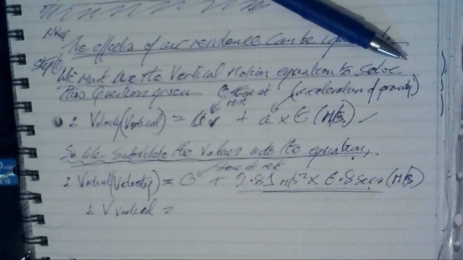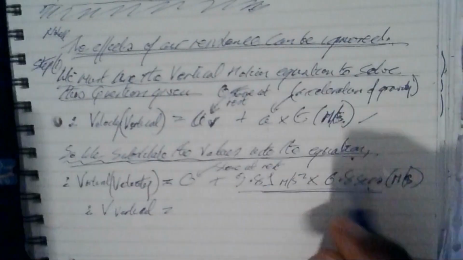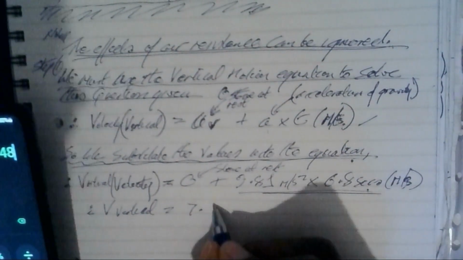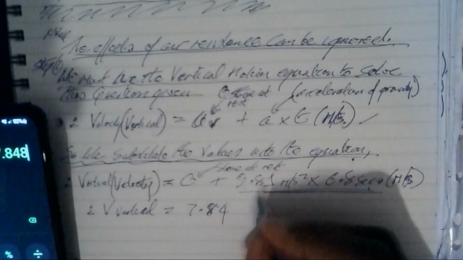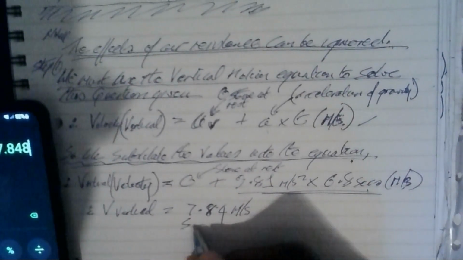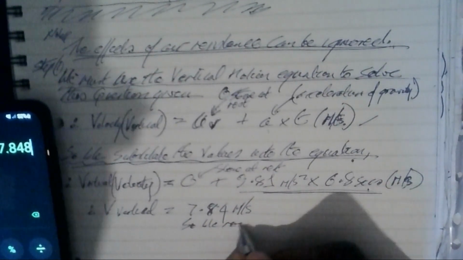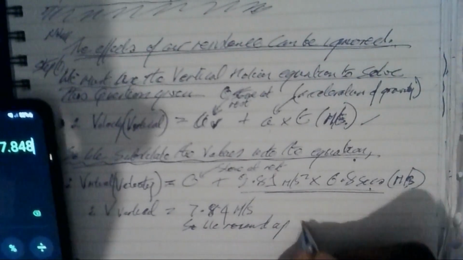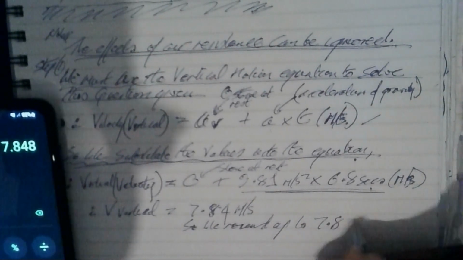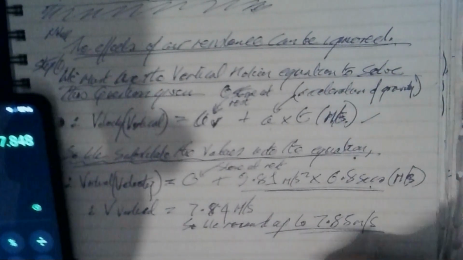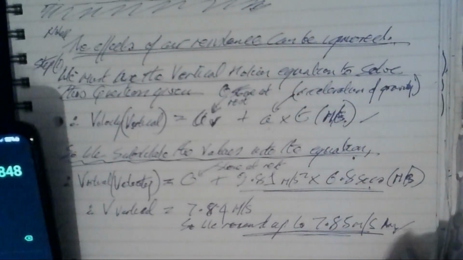Okay, guys, let me calculate it out. 9.81 times 0.8 gives 7.84 meters per second, so we round up to 7.85 meters per second. That's the solution answer.